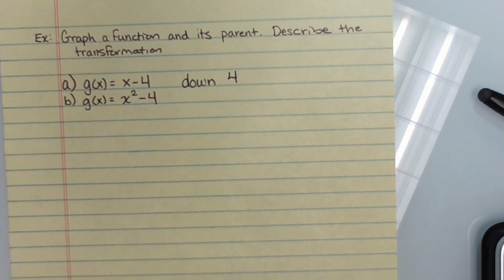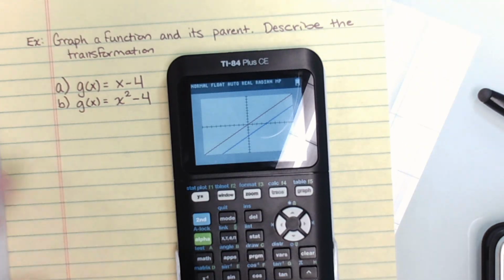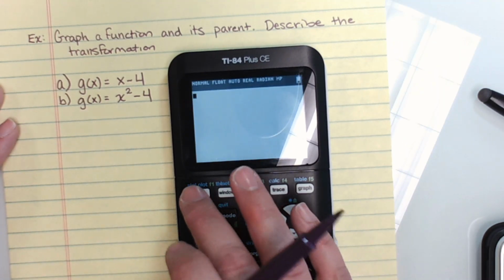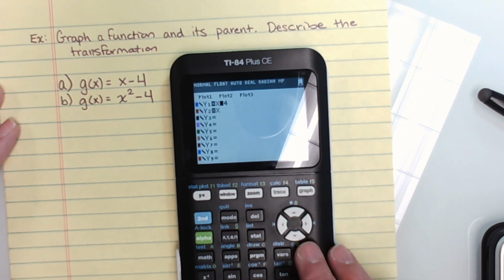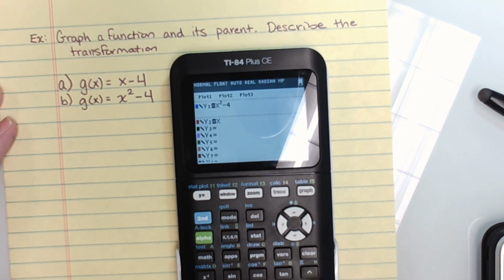Next one's slightly different. Not a whole lot different, but a little bit different. What's different about these equations? Not exponential, wrong word. Quadratic. So I'm going to change my x's to x squareds. So x squared minus 4.